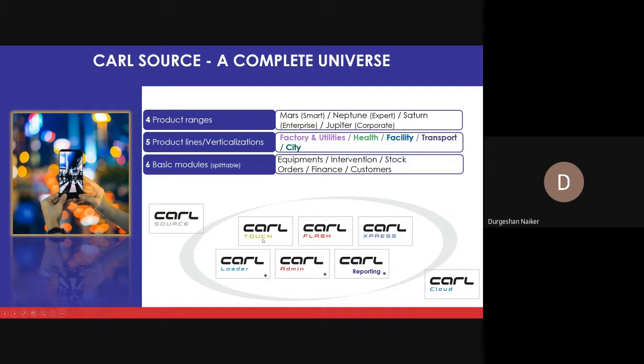Now, as I mentioned briefly, Touch is for technicians, Flash is for the general public, and this is for managers and subcontractors to use. And then in there we have got other applications that we use, for example, installing and configuring our system, and for reporting. So I'll talk about that later. So pretty much it's a complete universe, and it contains everything.